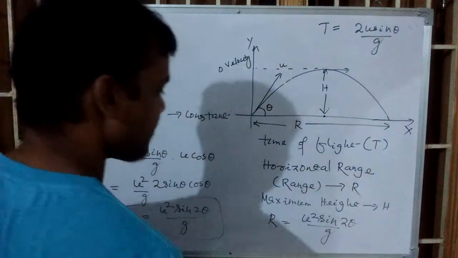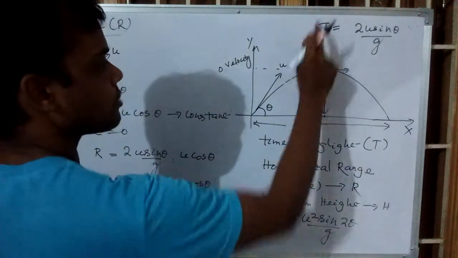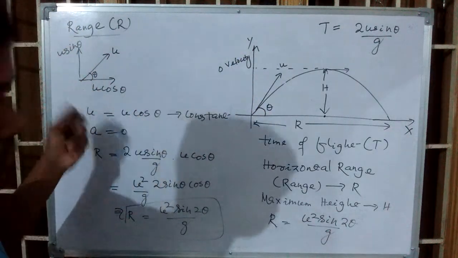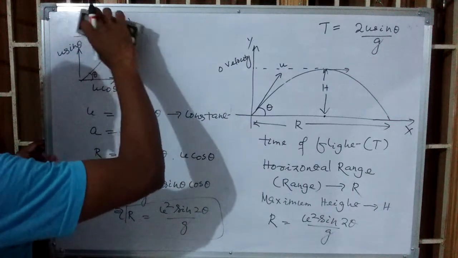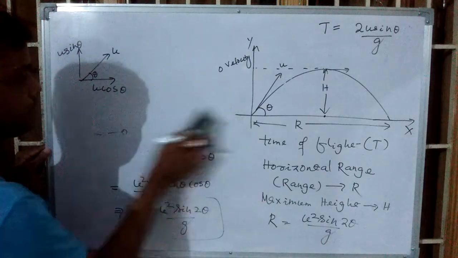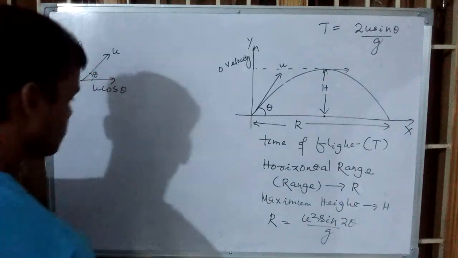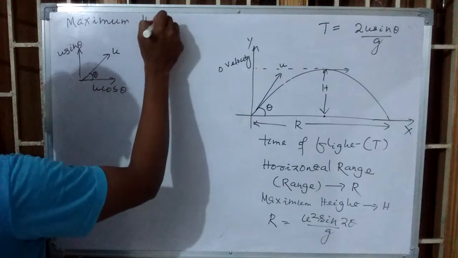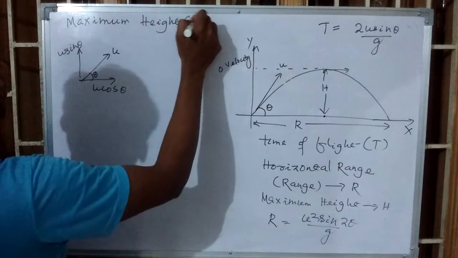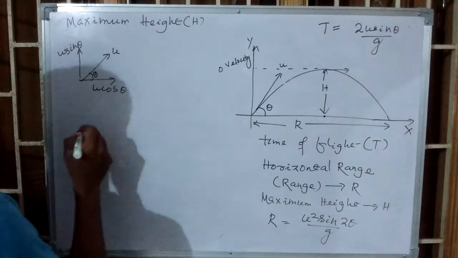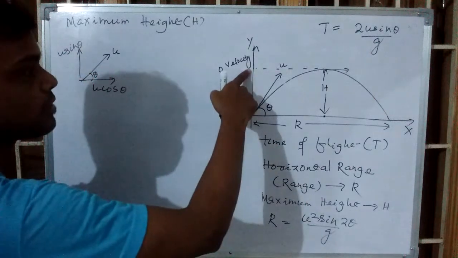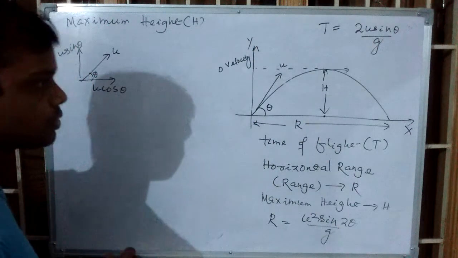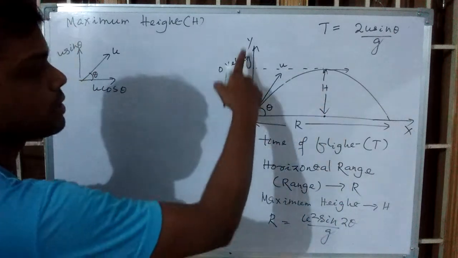Then last one is our maximum height. What is the maximum height covered by the body? That means this time I will be only considering this vertical motion, not horizontal motion. So next is maximum height. Now if you consider this vertical motion only, obviously final velocity is 0, initial velocity is u sin theta, and time taken also we know it, but we want distance traveled by the body in vertical direction.